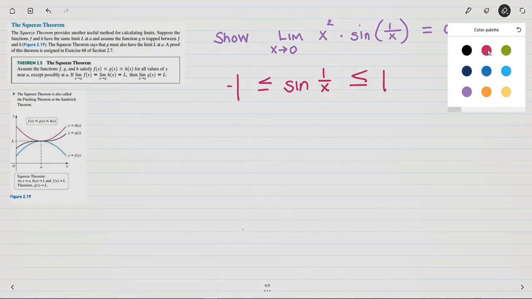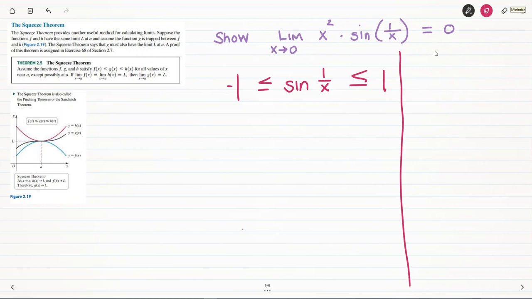Let me, off to the side here, state: the range of sine is negative 1 to 1. So sine of 1 over x always falls in this range.